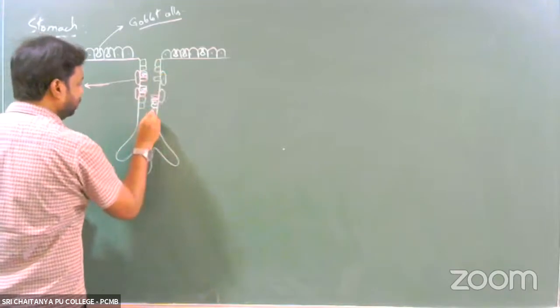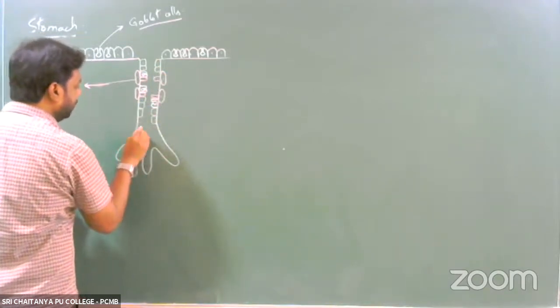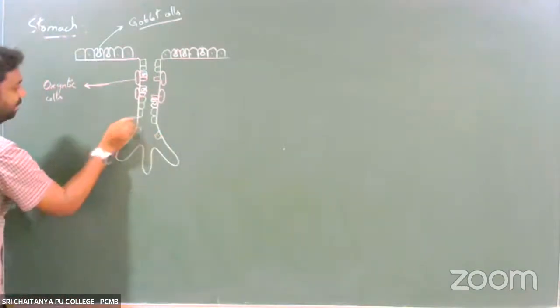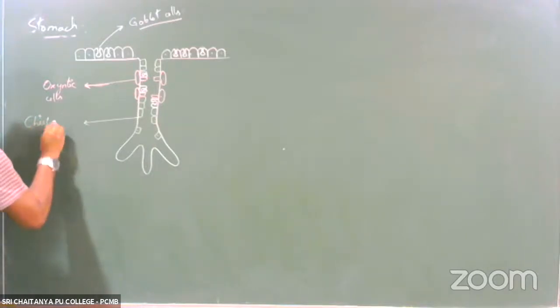The third type of cells present here are called the chief cells.